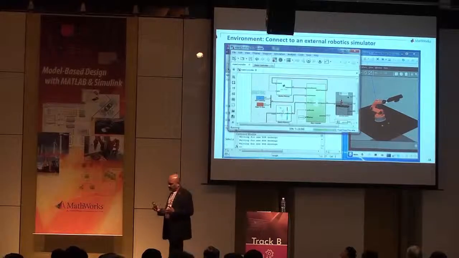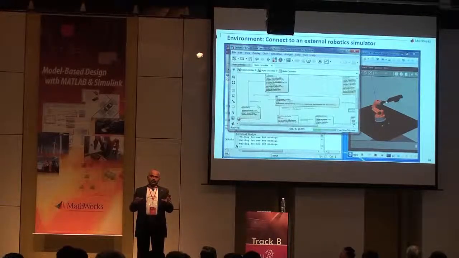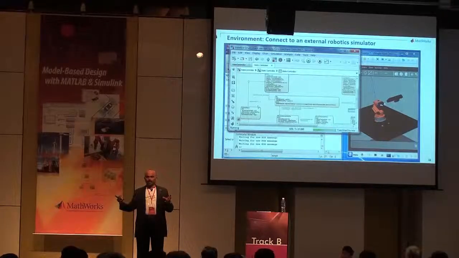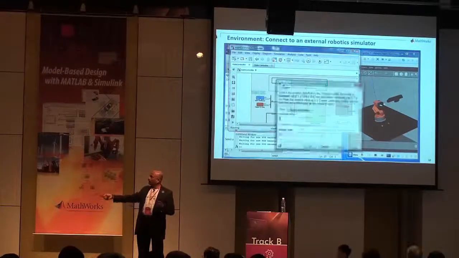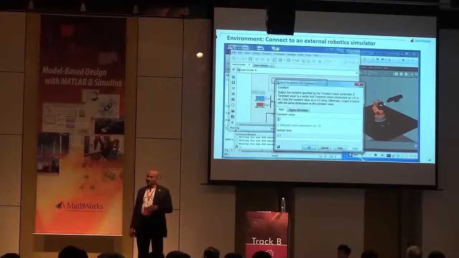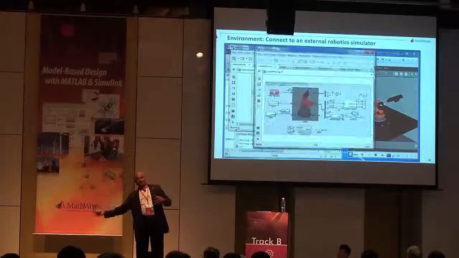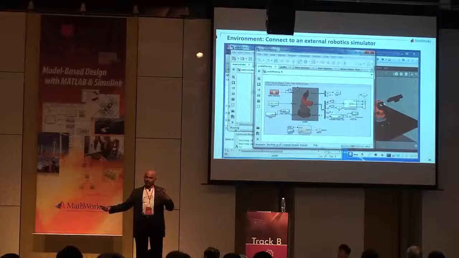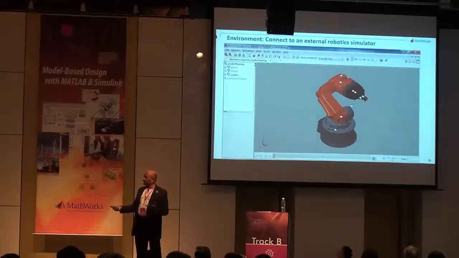And the beauty of this is that you can debug your overall system using this connection between MATLAB Simulink and Gazebo. You can see how the system behaves in the real world. You can make some changes to your control algorithm, for example, see how the performance of the robot changes when you make those changes to the controller parameters. You might have some PID gains and things like that.